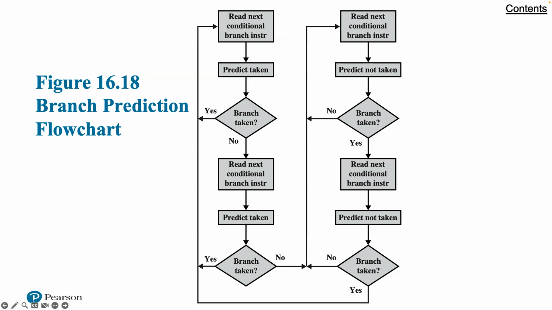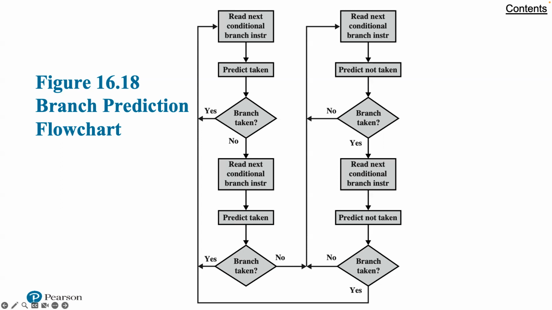Assume that the algorithm starts at the upper left-hand corner of the flowchart. As long as each succeeding conditional branch instruction that is encountered is taken, the decision process predicts that the next branch will be taken. If a single prediction is wrong, the algorithm continues to predict that the next branch is taken.